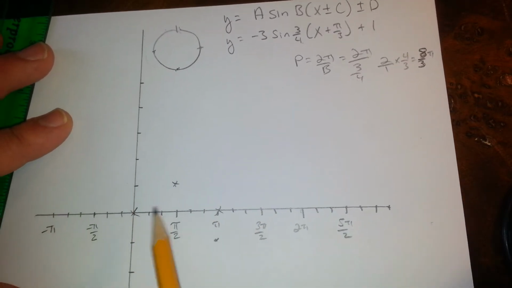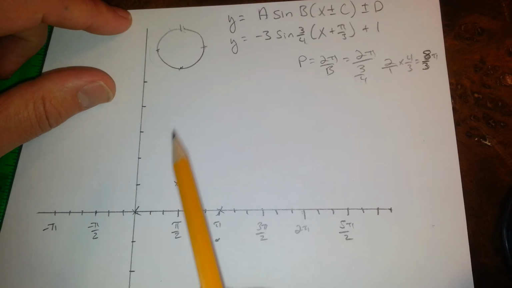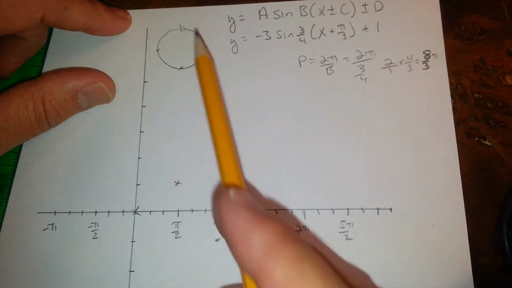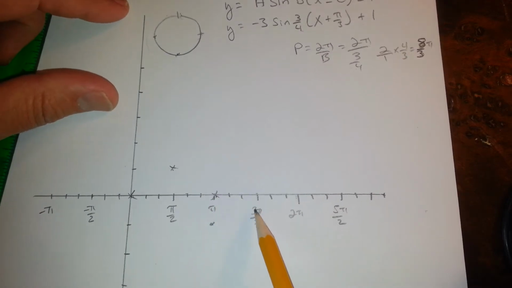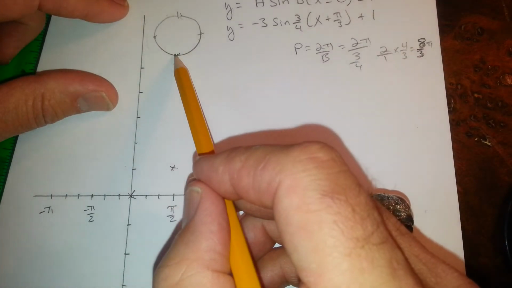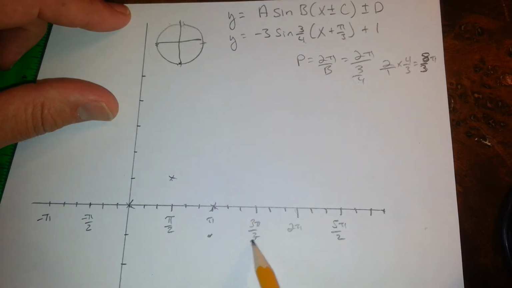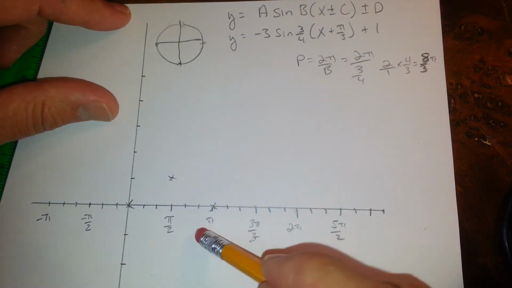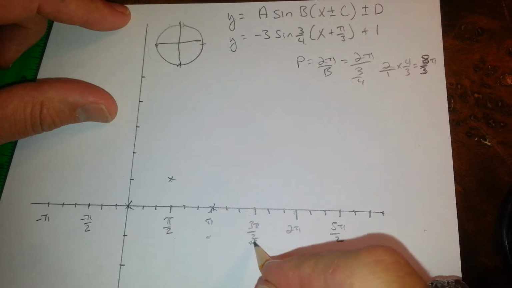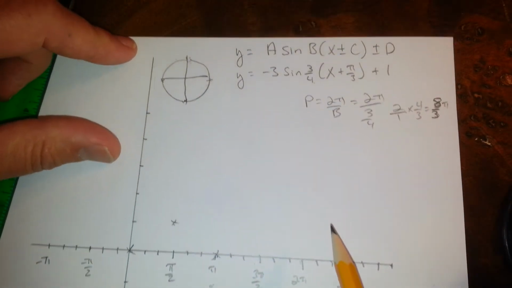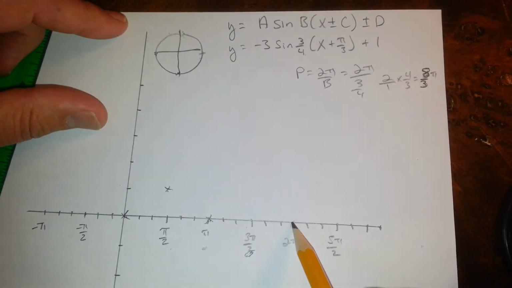At pi we're back to 0, at 3 pi halves we're all the way down here at -1, and then we come around to 2 pi, back up here.